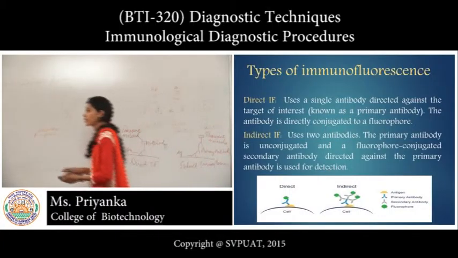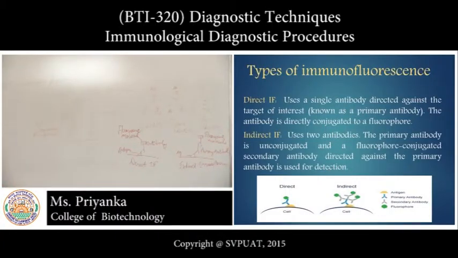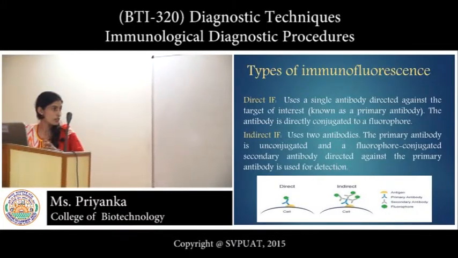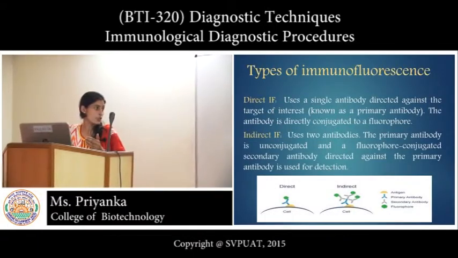So in direct immunofluorescence, we use only a single type of antibody that is directly conjugated to a fluorescent molecule, while in indirect immunofluorescence, we use two types of antibodies. The first antibody is linked to the antigen, and the secondary antibody specific for the primary antibody is added, and the secondary antibody is conjugated to a fluorescent molecule. So in immunofluorescence, the detection is on the basis of fluorescence.